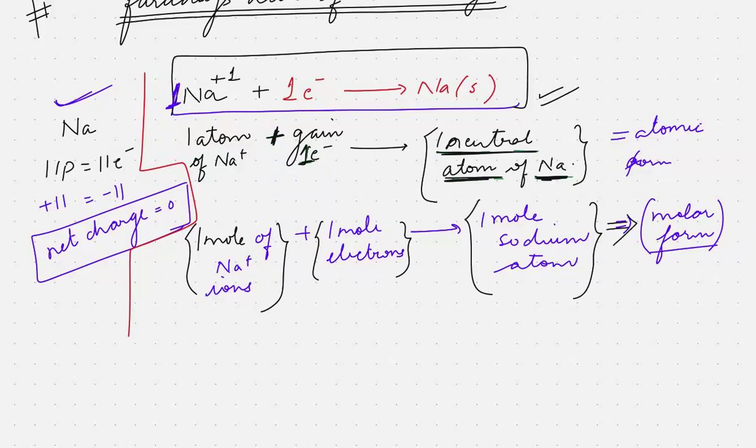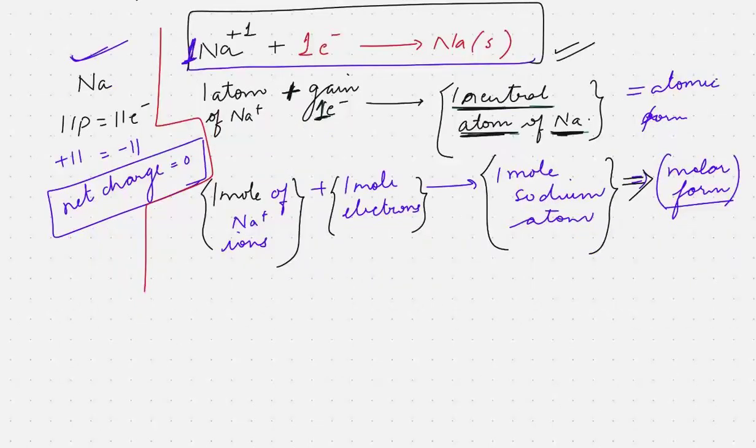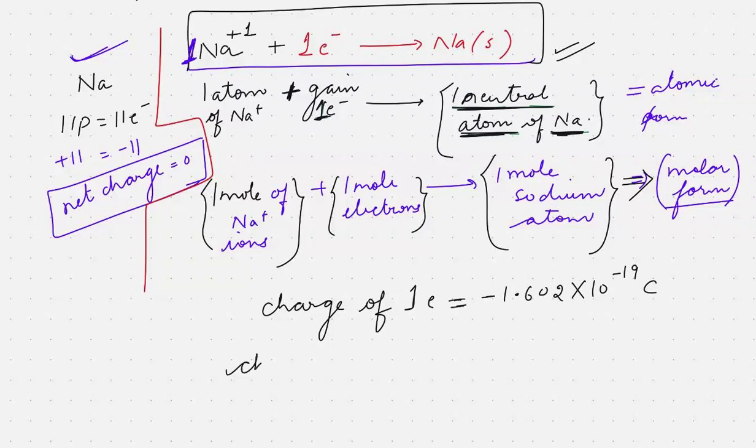So now if I read this, the charge of one single electron is going to be what? 1.602 into 10 raised to the power minus 19 coulomb. That's the charge of one electron. So the charge of one mole of electrons will be what?